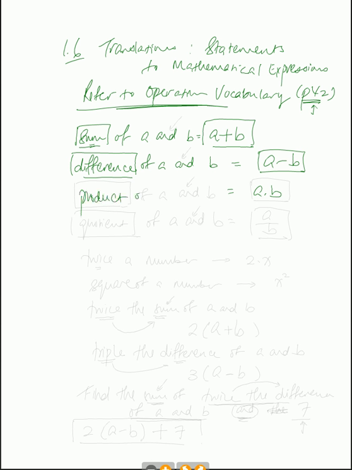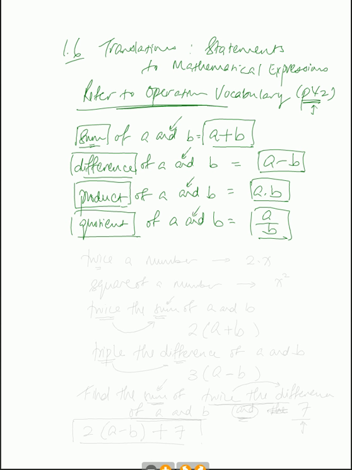The common word will be product, and I would say product of A and B. So "of A and B" really doesn't help us decide which operation to use. It's the word in front that tells you the operation, and because it's product, that means you multiply. And the last operation, division: the common word we use is quotient, and the quotient of A and B is A divided by B.